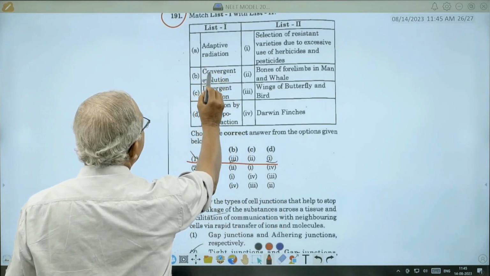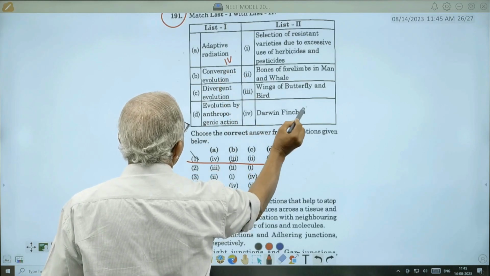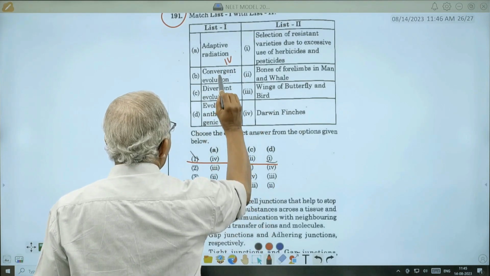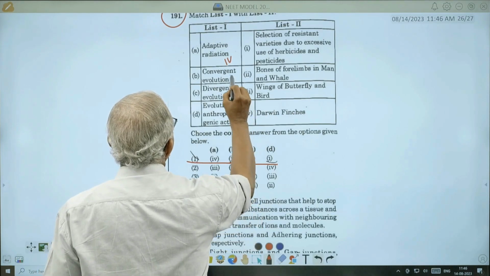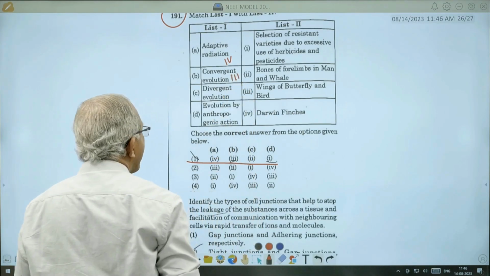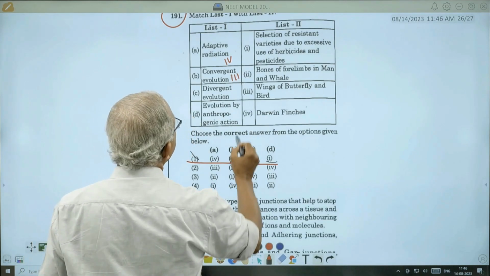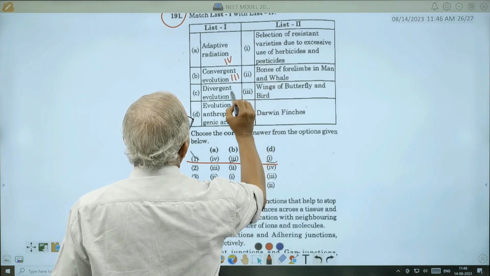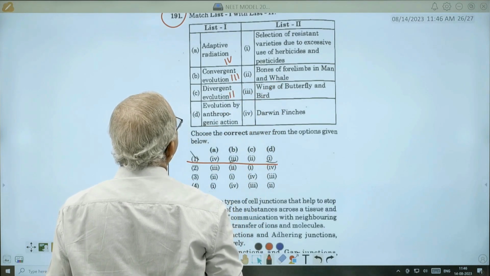A. Adaptive radiation is an example of Darwin's finches. Convergent evolution, that is the third one: wings of butterfly and bird. Divergent evolution: bones of forelimb in man and whale.